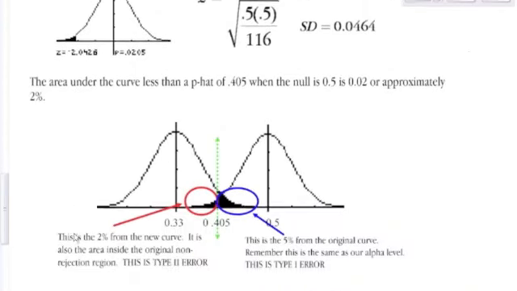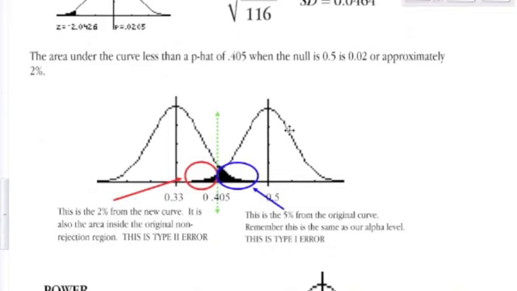Here's the explanation of all that. Here are my curves labeled and sitting on top of each other. The x-axis you see down here, 0.33, 0.405, and 0.5, is one solid x-axis. The green line is my division of the original acceptable region and the rejection region. The blue part is my alpha. This is my 5% from the original curve.